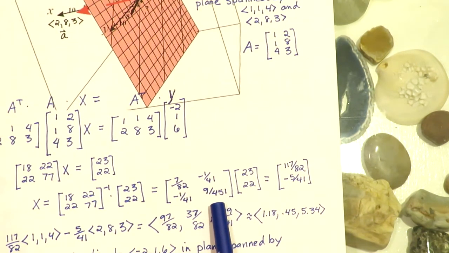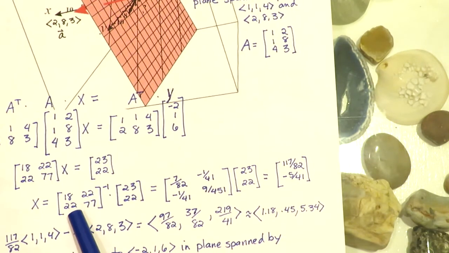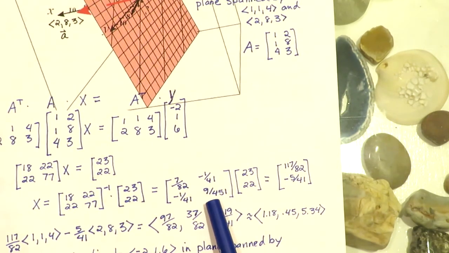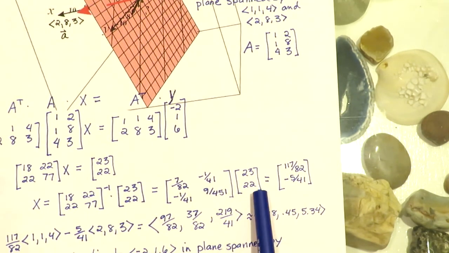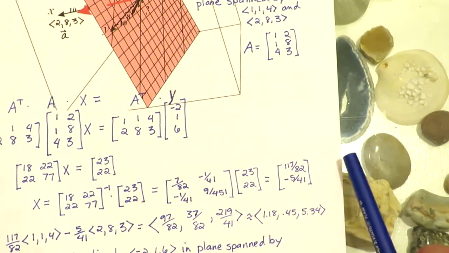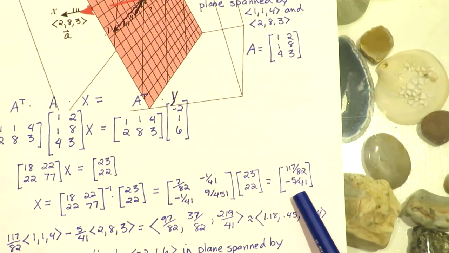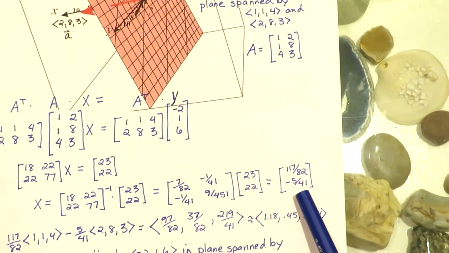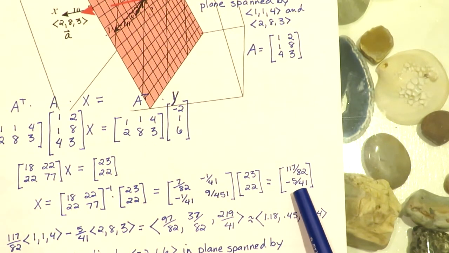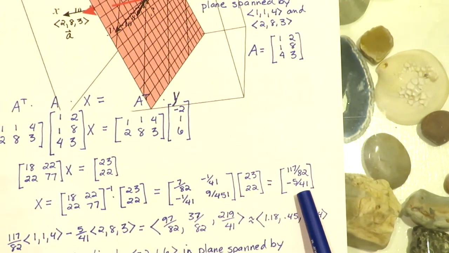I know the numbers are not quite as clean as the ones we got earlier. If I multiply these two together, I get some other kind of messy fractions: 117/82 and -5/41. That is my solution to this equation.